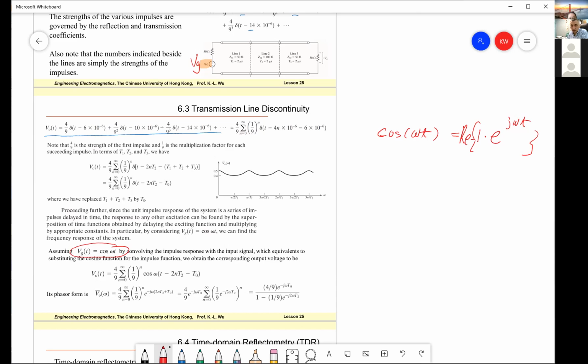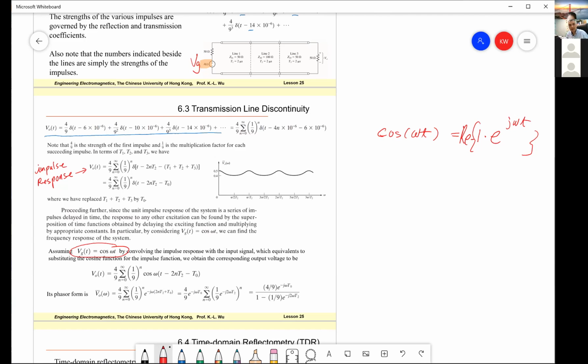The good thing is that this is the impulse response. Impulse response is a very, very important response of a system. We must learn this in signals and systems.